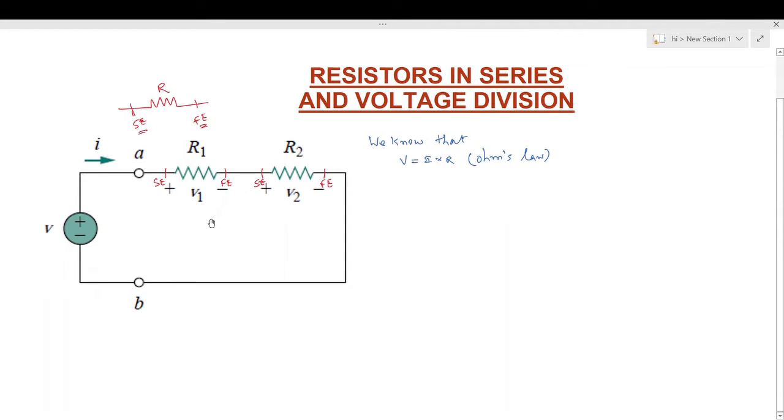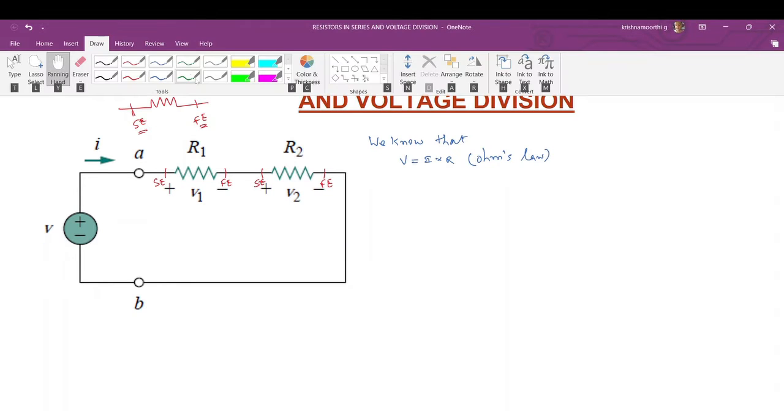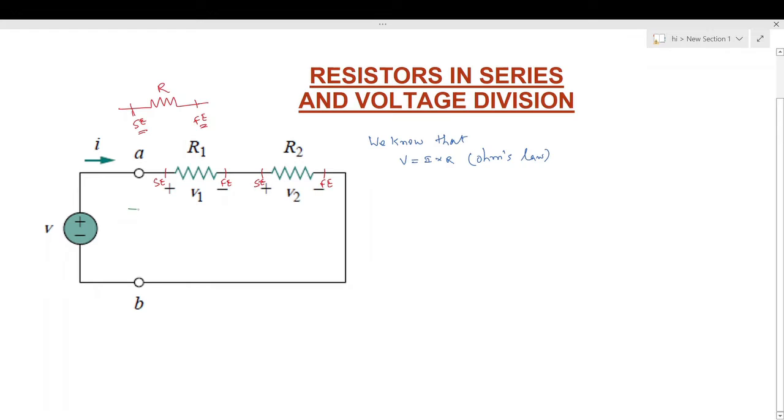So to apply this in this circuit, we will draw a loop like this and mark the arrows like this. Here in this circuit, three voltages are available, that is V1, V2 and supply voltage V. This is the supply voltage V.